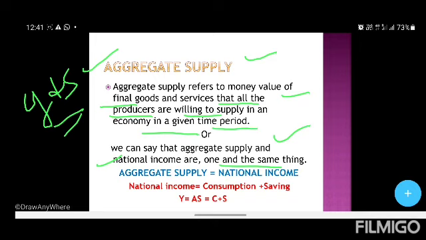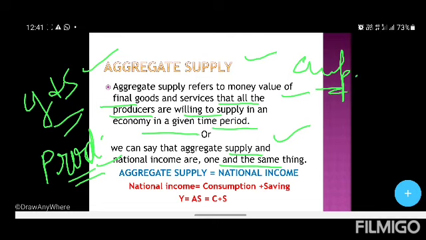Why? Because as the supply increases, the production increases. And as the production process increases, it offers more employment opportunities. And with more employment, there will be more income. So we can say aggregate supply is equal to national income. And national income is equal to consumption plus saving.